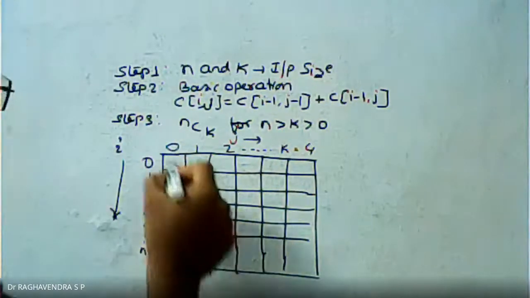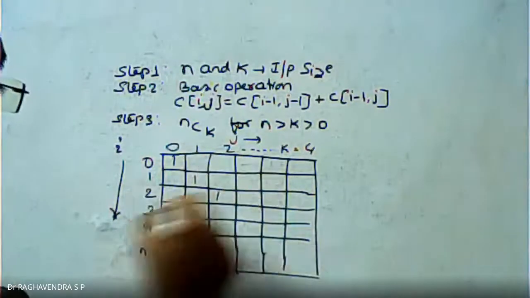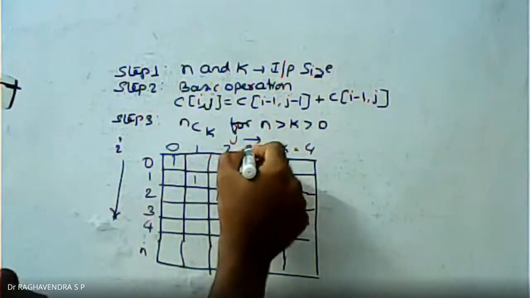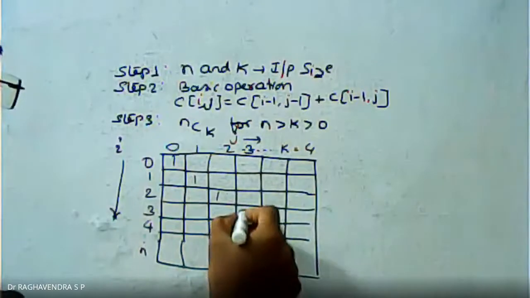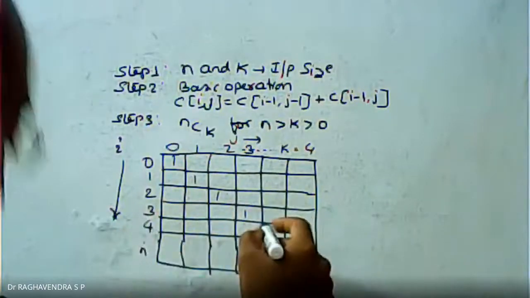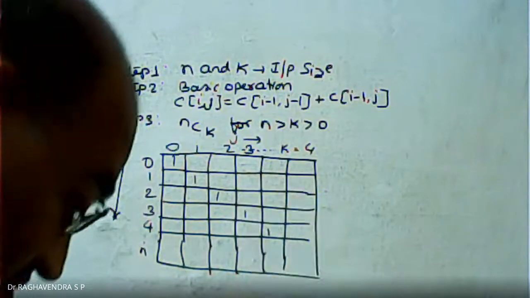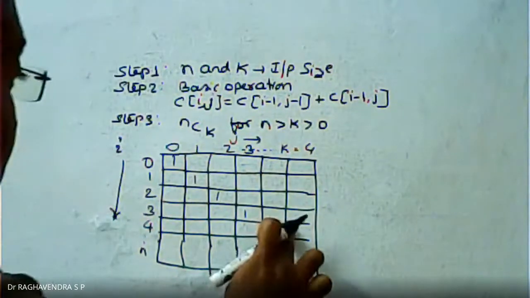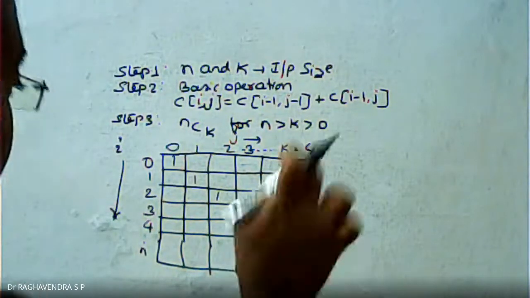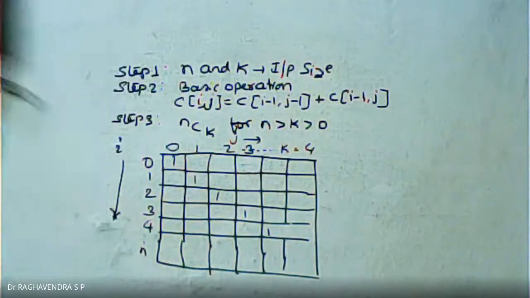So this one will always be 1 because 0,0, 1,1, 2,2, 3,3, then 4,4.